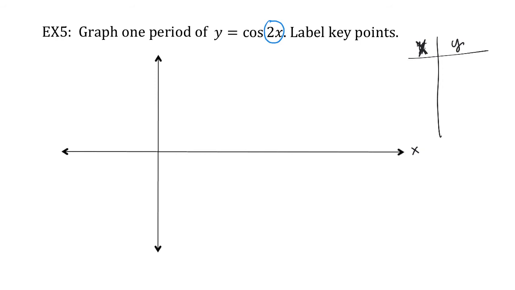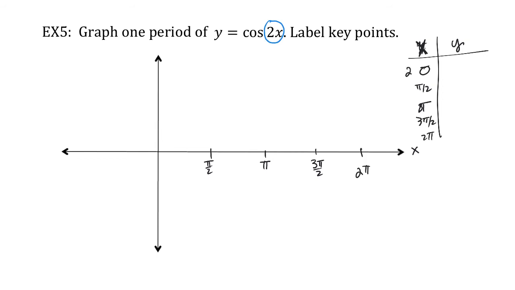And usually with cosine, we're just doing our key points, right? We're going from 2 pi, pi over 2, and 3 pi over 2. And we could kind of just go in and play around with those original inputs. This is pi, 3 pi over 2, and 2 pi.